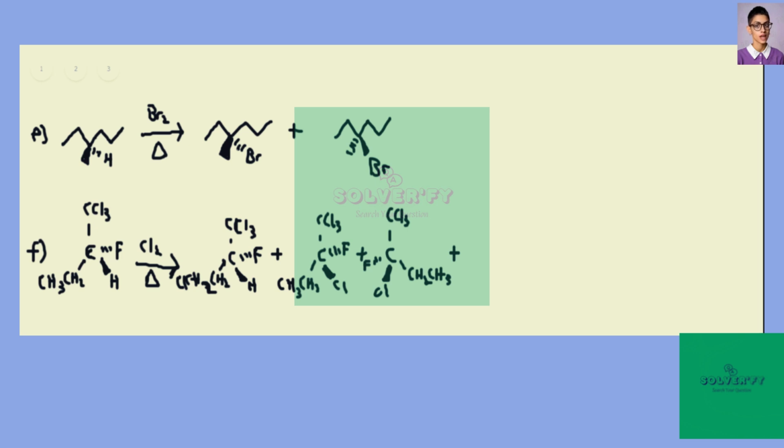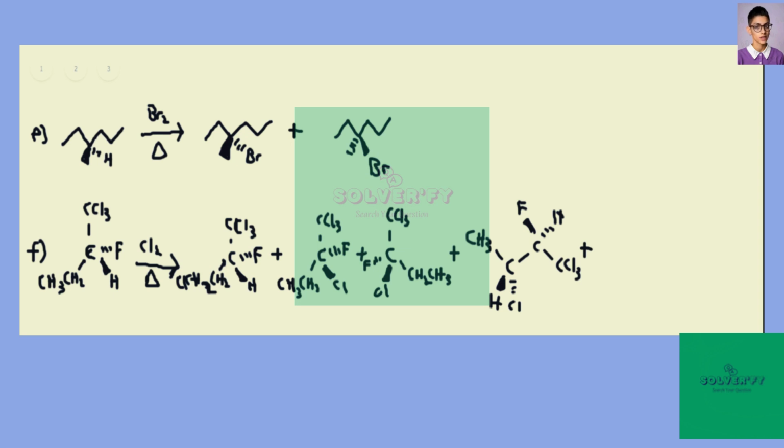Or we can have the chlorine add to the CH2 group. And if it adds to the CH2 group, we're going to have different stereoisomers based on how that goes. So like that.